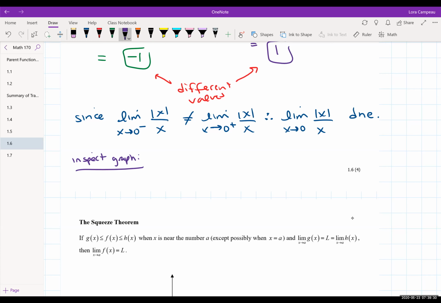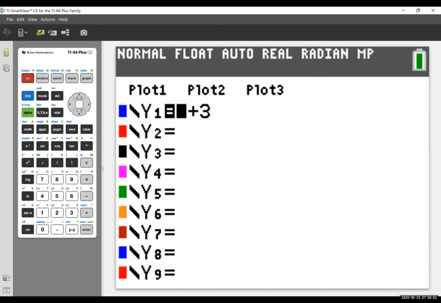So if I was looking at this, f of x equals absolute value of x over x, I can pull my TI up. It may or may not work, but I'm noticing that it's a piecewise function. Let's pull our TI up again. There we go. So now we have a little practice of entering absolute value of x.